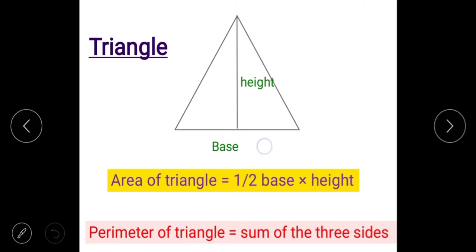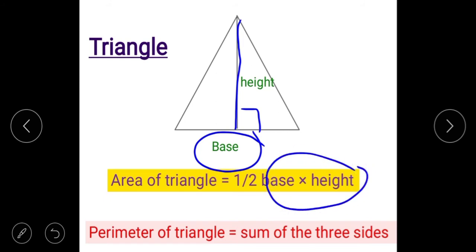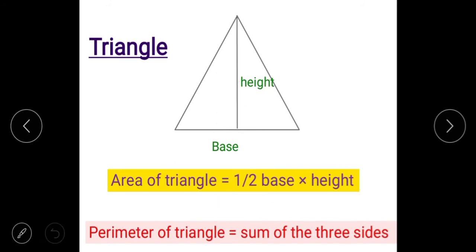If the length of one side is given to you and an altitude on that side from the opposite vertex is made, and you have the length of that height or altitude or perpendicular also, then multiplication of those two and multiplied by 1/2. There are many formulas from which you can find the area of a triangle.